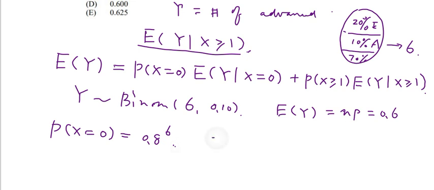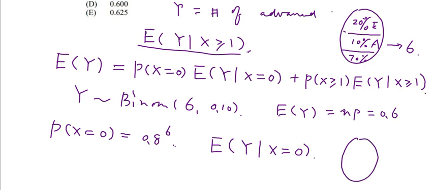So how about this one? We want to find the conditional expected value when x equals 0. This means from this part we pick 0, so we pick 6 from the 2 other parts, either this part or this part.